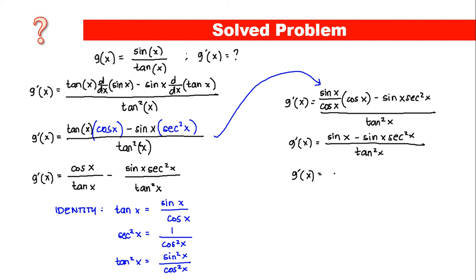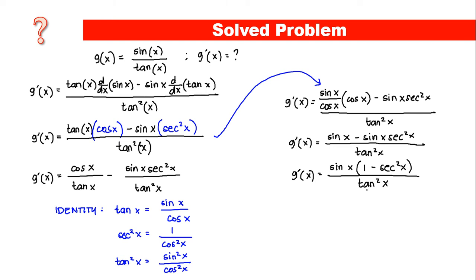Therefore, yung ating g prime of x will become 1 minus, factor out natin yung sine x. Sine x, factor out natin, ang naiwan na lang dito sa numerator is quantity 1 minus secant squared ng x all over the tangent squared ng x.